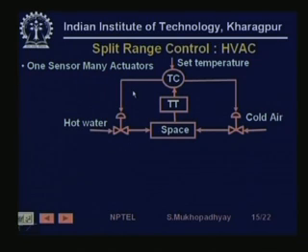So when the set temperature is greater than the ambient temperature, in that range you use the hot water actuator, and when the set temperature is below the ambient temperature, in that range you use the cold air actuator. This is why it is called a split range control, because the range is split into two different control modes.